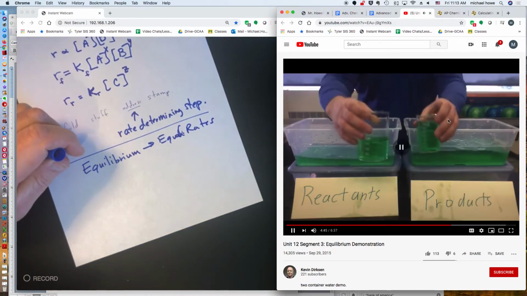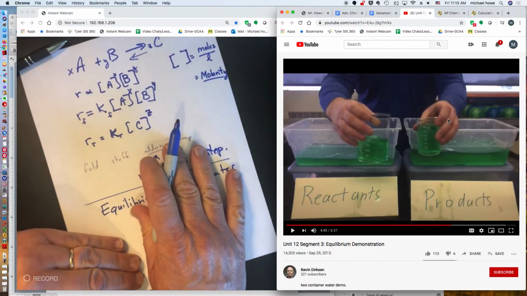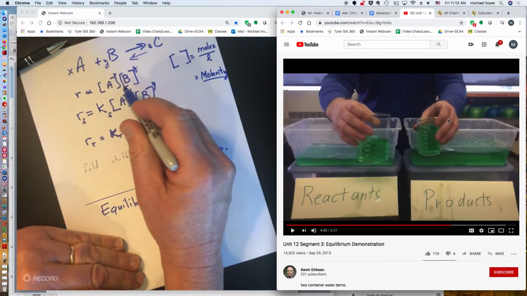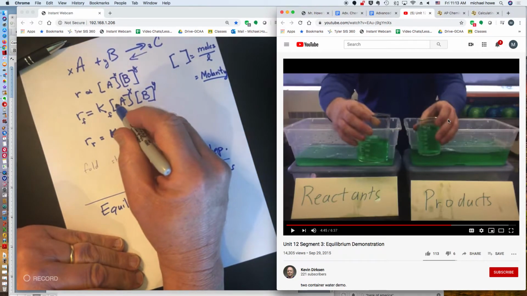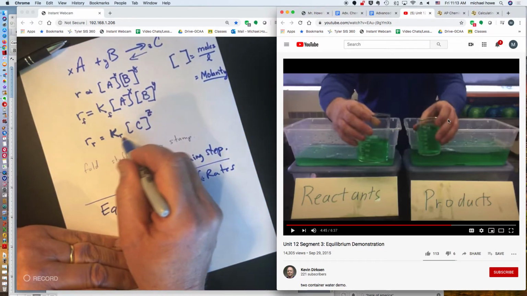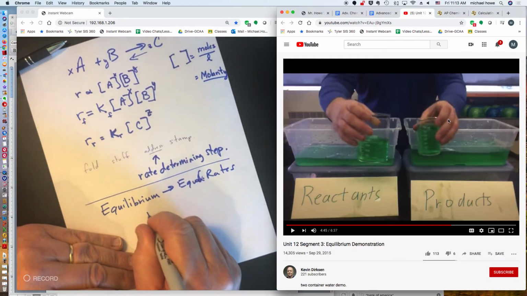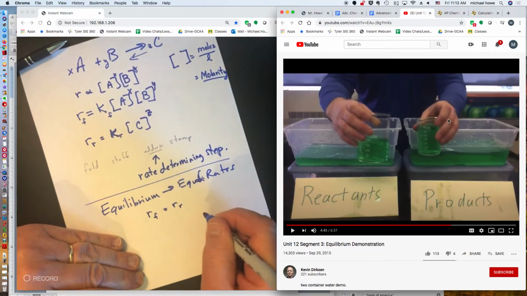Now up here, we just wrote a couple of rate equations. If the reaction at the top is at equilibrium, then this rate will equal this rate. So the forward rate will equal the reverse rate, which I could write as R forward, going left to right, equals R reverse, going right to left.